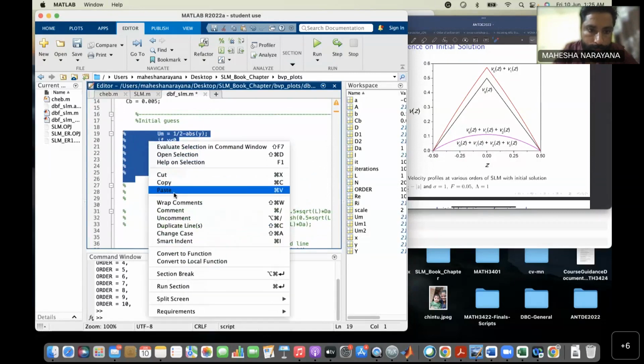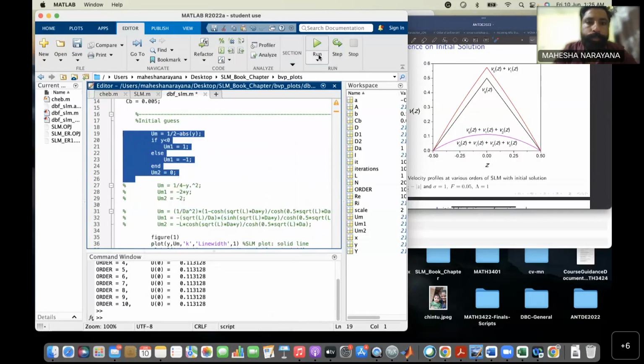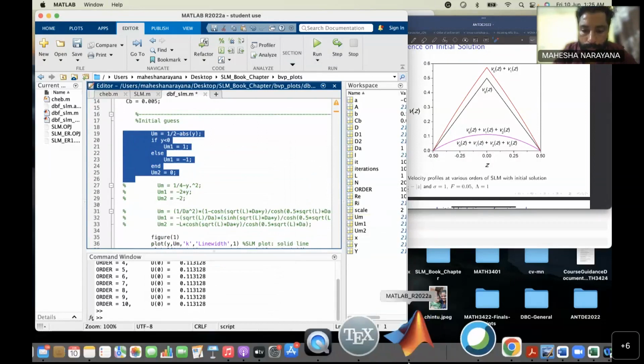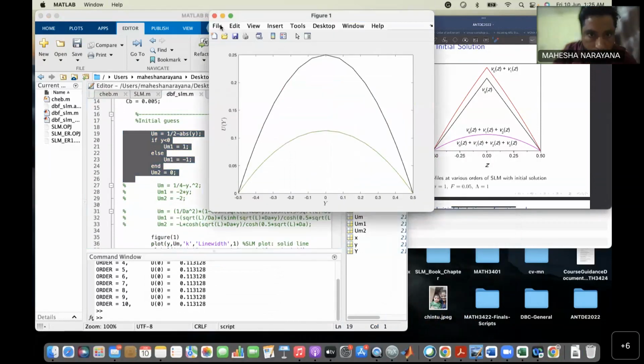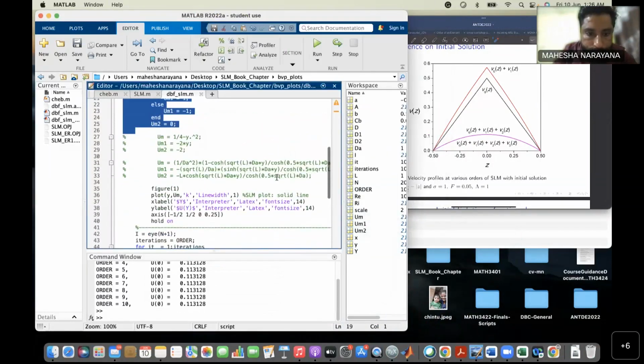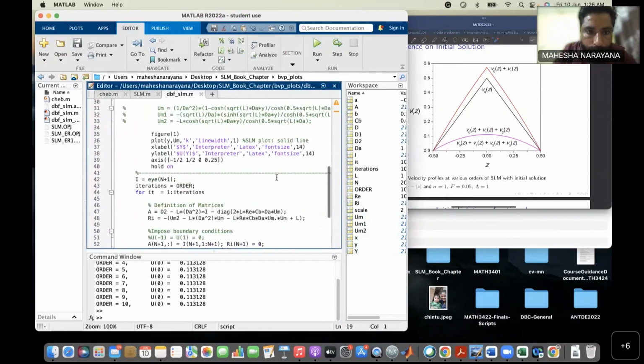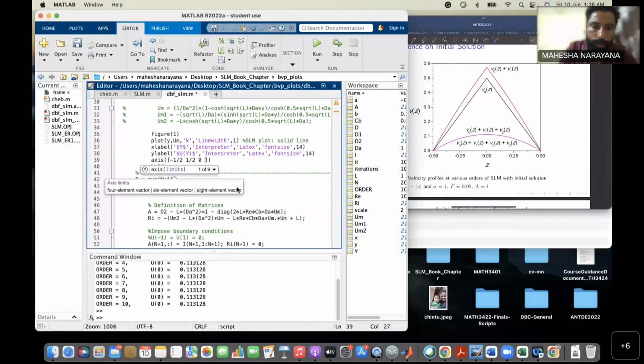Let me close the figure file first. So it's around 0.6. That's your first solution, I mean, the zeroth solution.